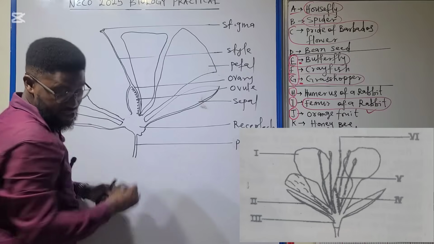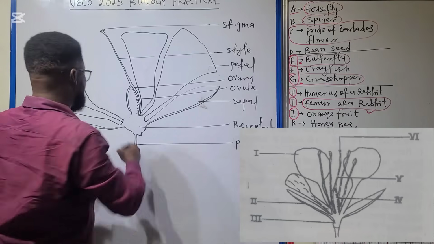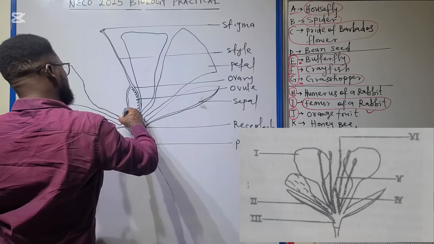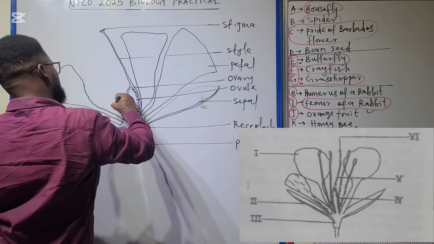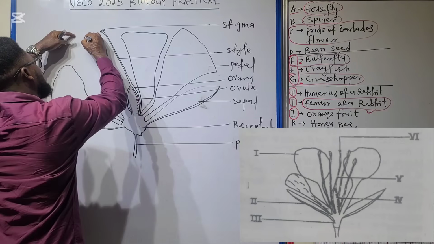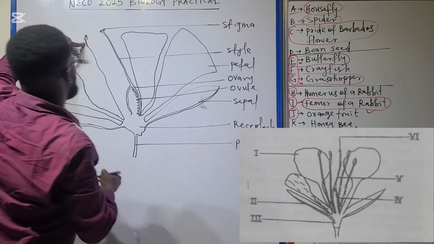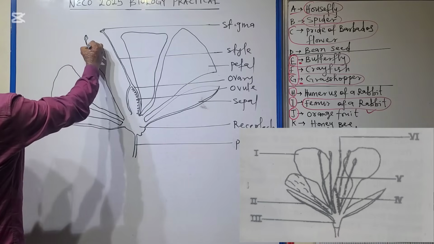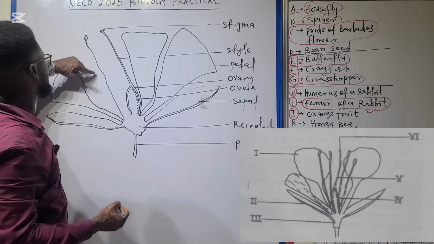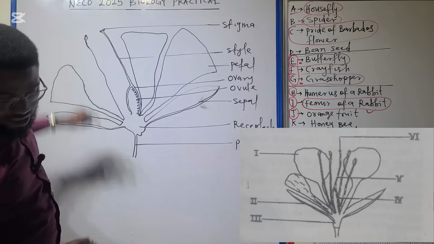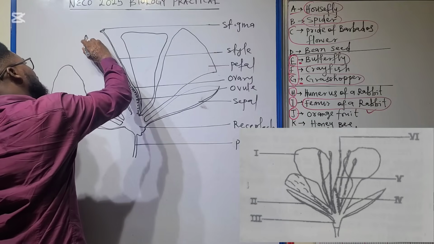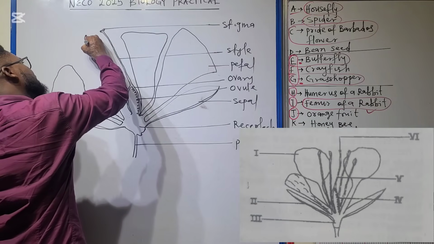My filaments are more like tubes that will go up. Now this here should represent my filament, the anther. It has to be two lines as well.